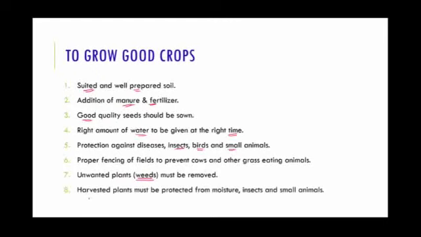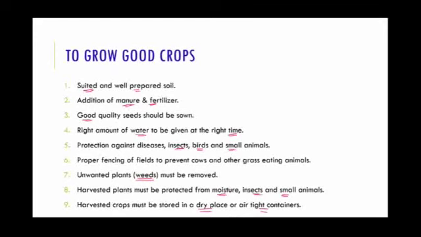Then eighth point, harvested plants must be protected from moisture, insects and small animals so that they cannot harm these harvested plants. Number 9, harvested crops must be stored in a dry place or airtight containers, because grains should be stored in airtight containers after harvesting.